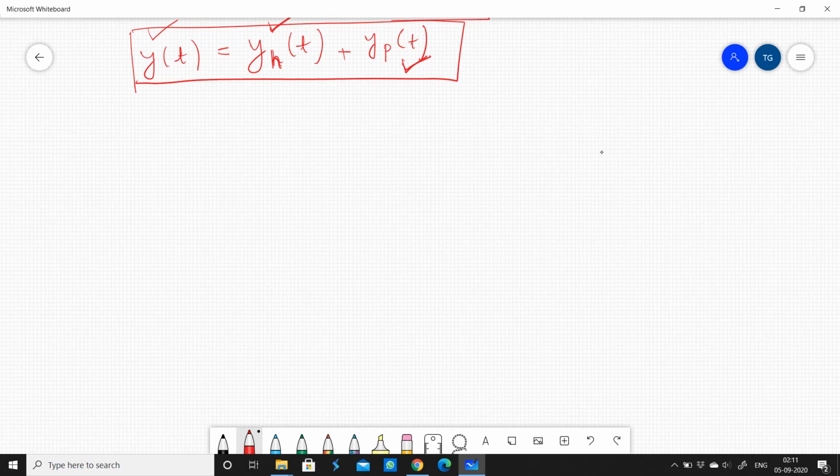This is the representation of the LTI system as a differential equation. We take the Laplace transform, that is, we change it into an algebraic solution in the frequency domain.